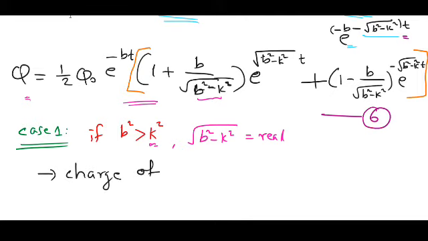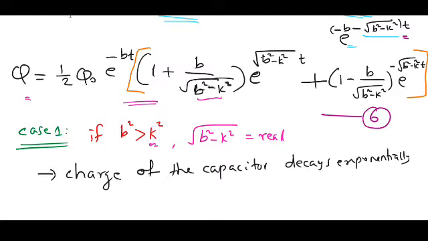The charge of the capacitor decays exponentially. That case is called overdamped. I will show you the graph of this exponential decay.